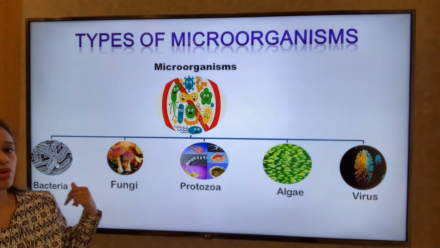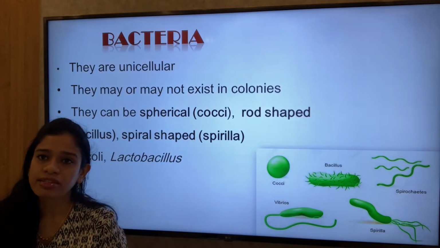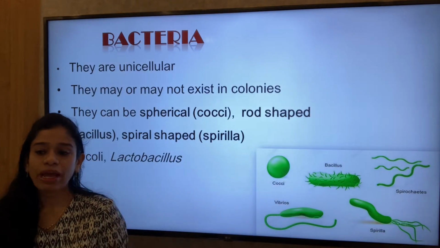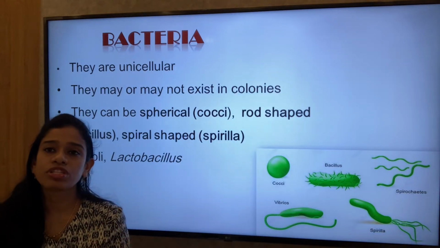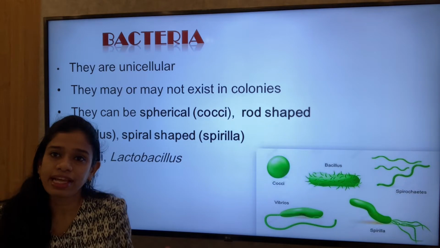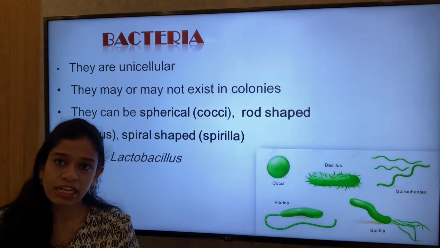So first we'll start with bacteria. Let's talk about the first microorganism. Bacteria are mostly unicellular, they are single celled, and they are mostly found together, in colonies they exist. And sometimes they are found single also.